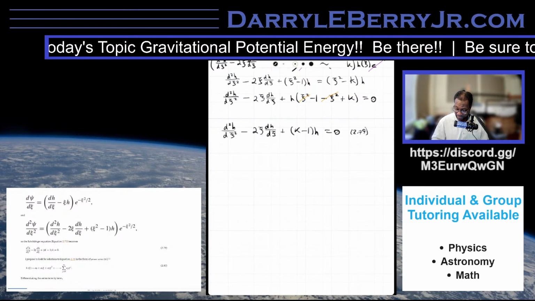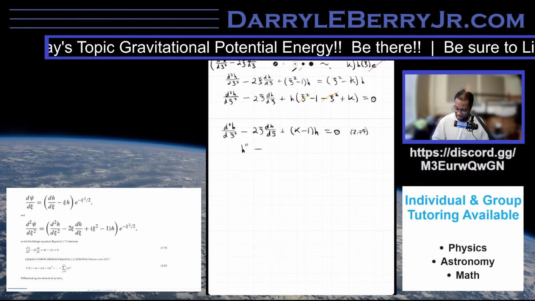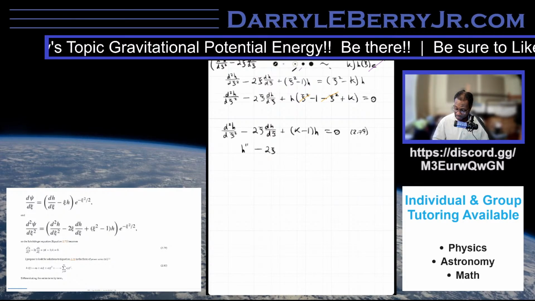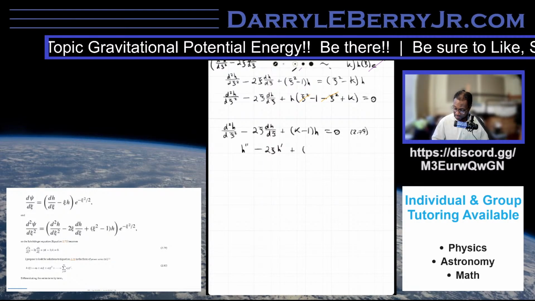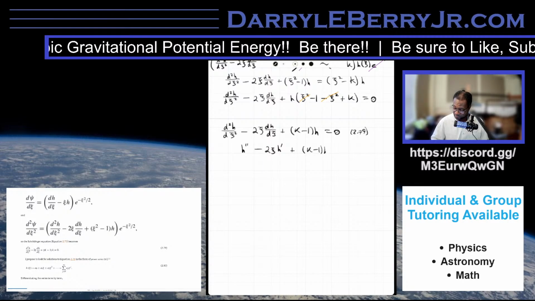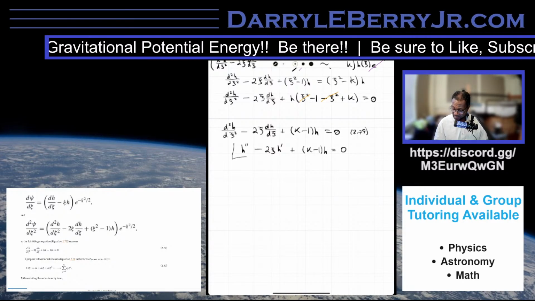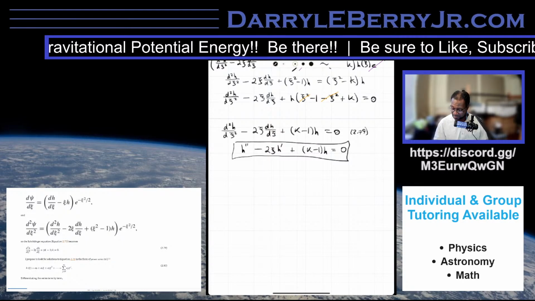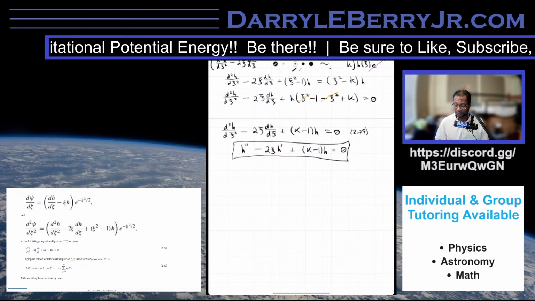So in this sense, it looks like we have H double prime minus 2z H prime plus (a minus 1) H equals 0. So we have a polynomial-like structured differential equation.